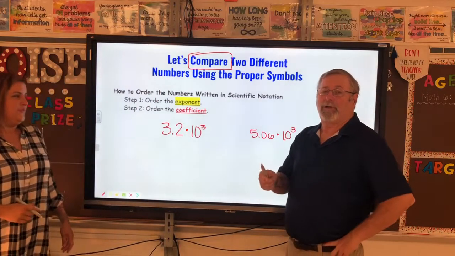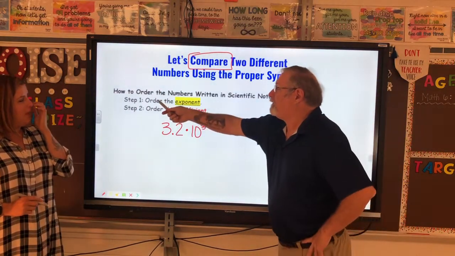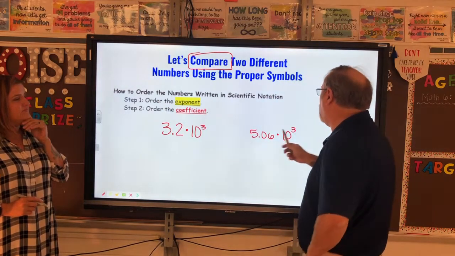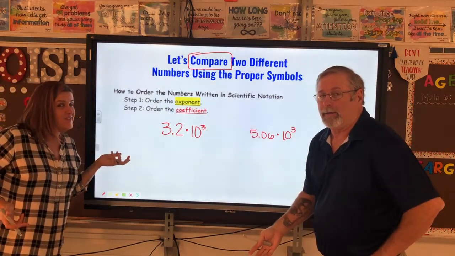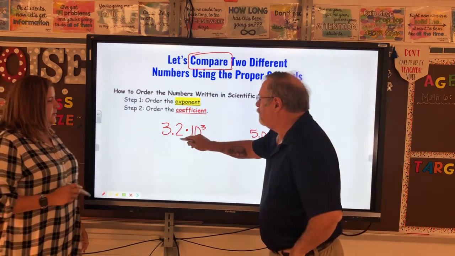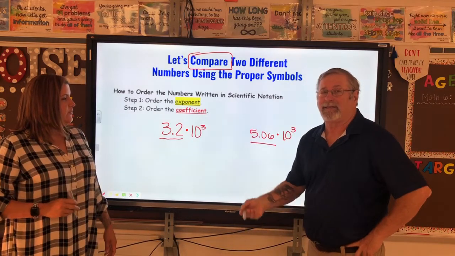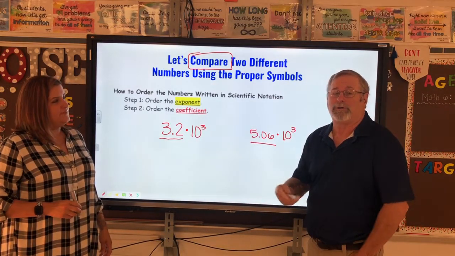The first thing we do is look at the exponents. It says first, order the exponent. Well, they're the same. So then, if the exponents are the same, we look at the coefficient to figure out which one's bigger and which one's smaller.